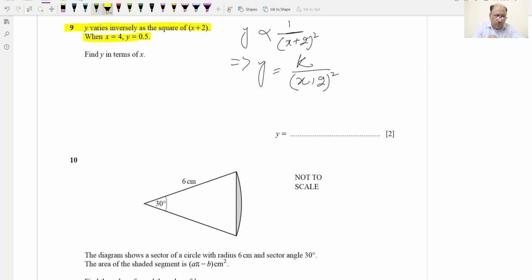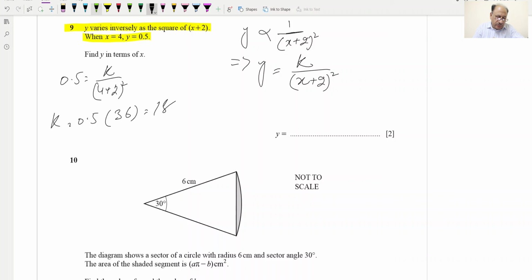When x is equal to 4, y is equal to 0.5. So 0.5 is equal to k over (4 plus 2) whole squared, and we can write k is equal to 0.5 into 6 squared, which is 36, and this one is equal to 18.